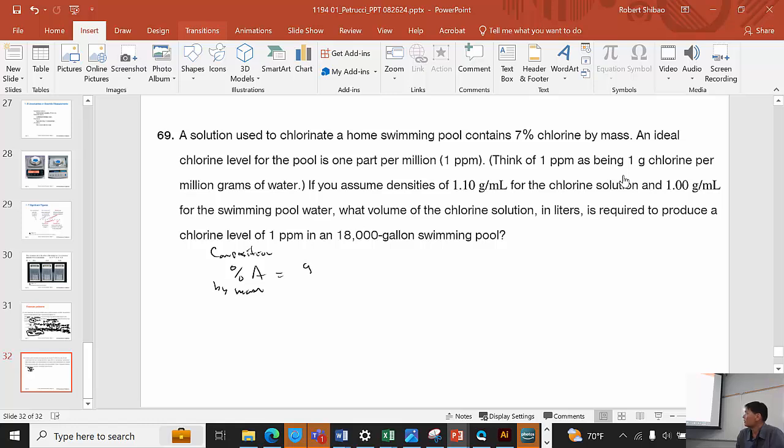What that means is we're going to have grams or pounds of A over 100 grams total times 100%. So let's say we had 50 grams of A out of 100 grams total, that would be 50%. If it's 100 grams of A over 100 grams total, then it'd be 100% A.